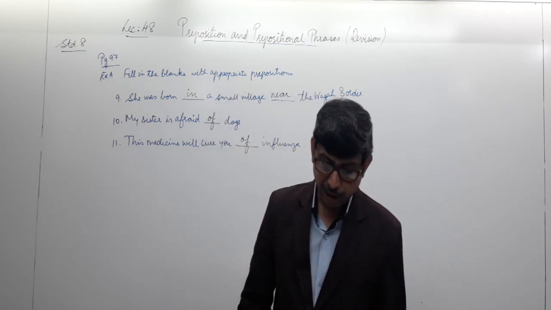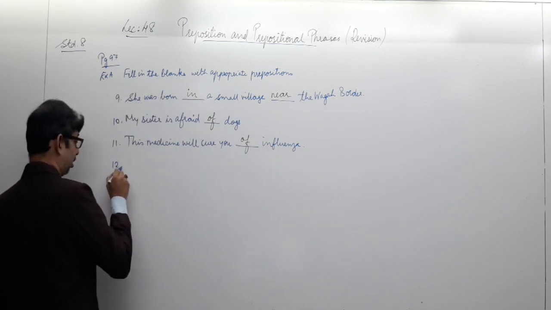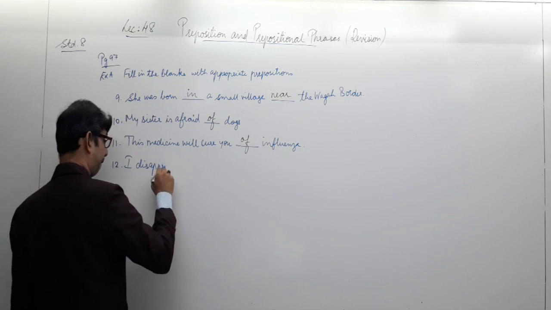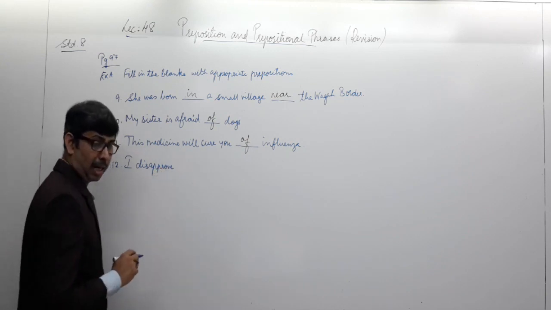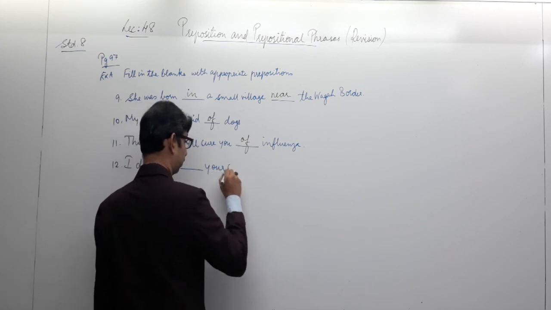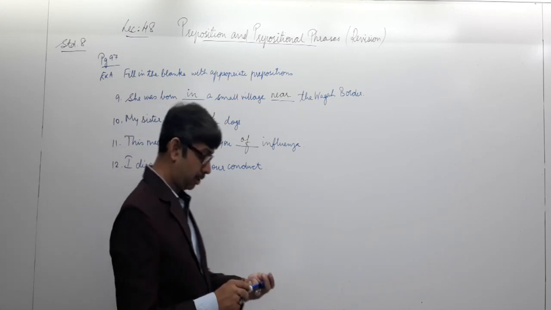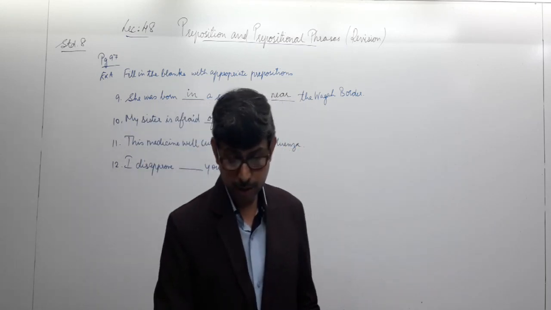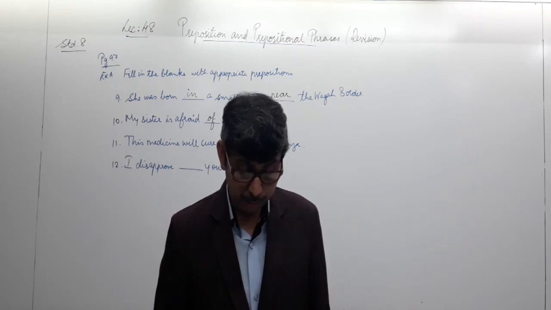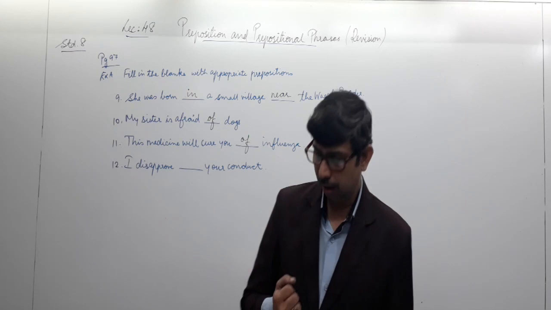I disapprove dash your conduct. Someone's behavior or manner. So, a person's conduct is being discussed, and the preposition that we need to apply is: I disapprove of your conduct.